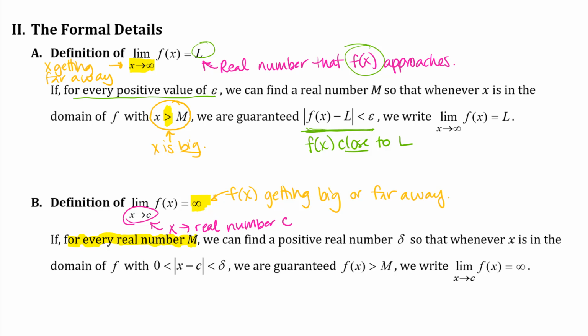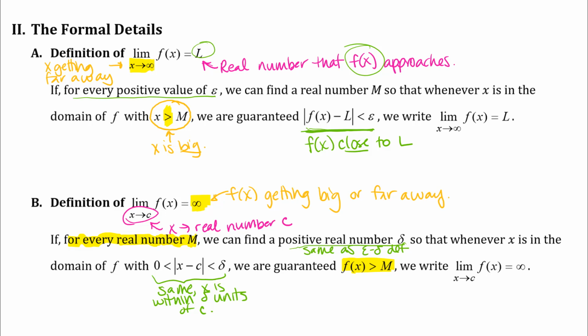That part is the same as we had when we talked about the limit as x approaches c. So that whenever x is in the domain, and here this is the same, this is when x is close to c, within delta units of c. And what's different, again, is about the outputs, that the outputs are getting big or far away. Okay, so these are just really two different definitions.